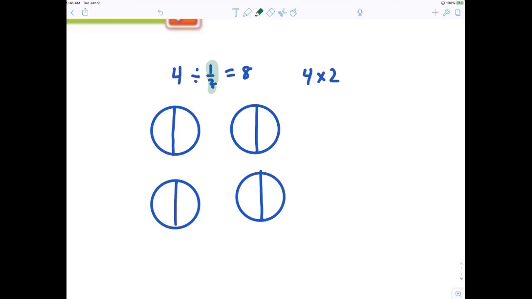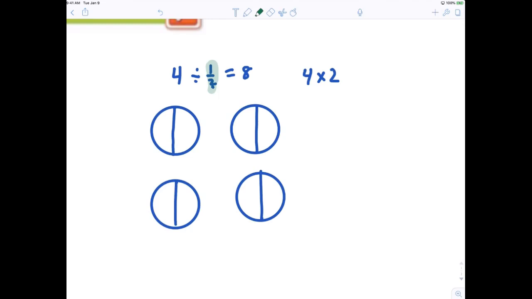So hopefully now you have a better understanding of why it's keep, switch, flip, or whatever you guys learned. I don't think that's necessary for us. We're now supposed to talk in math terms. We say when you're dividing fractions, you multiply by the reciprocal.